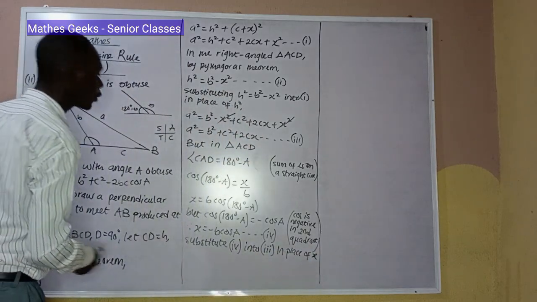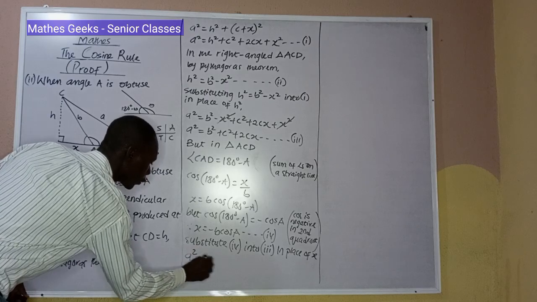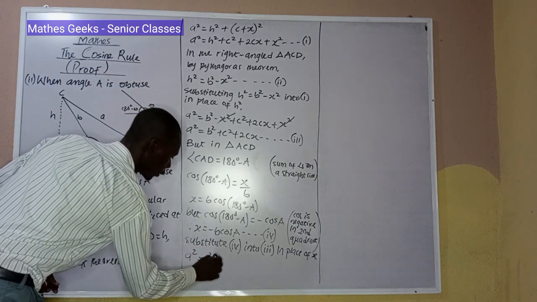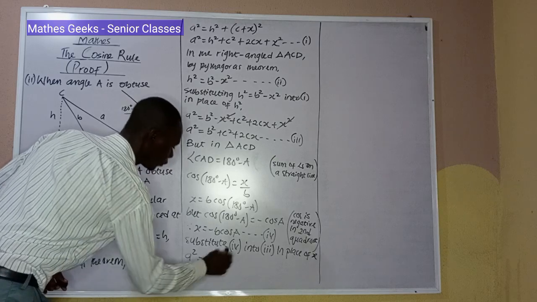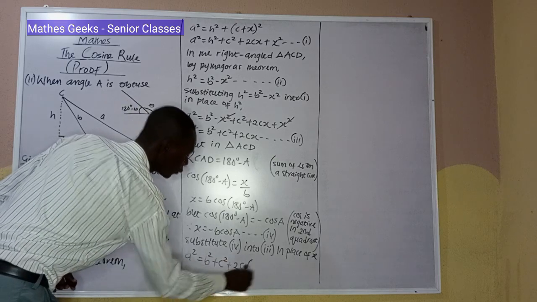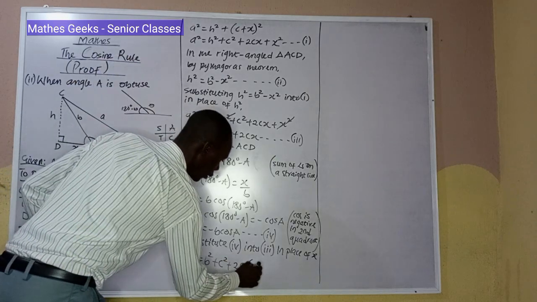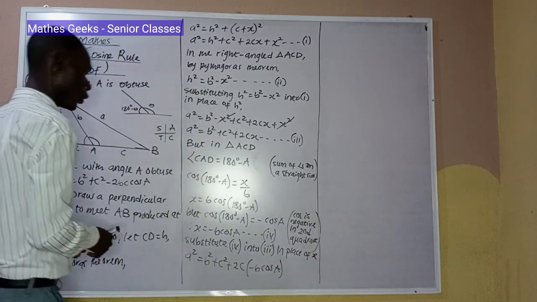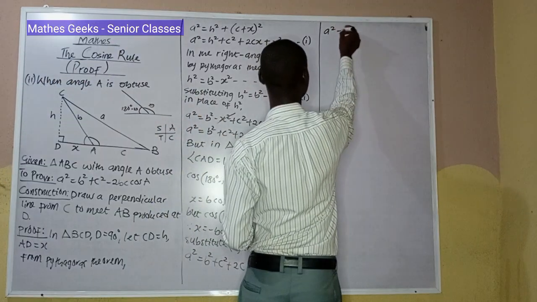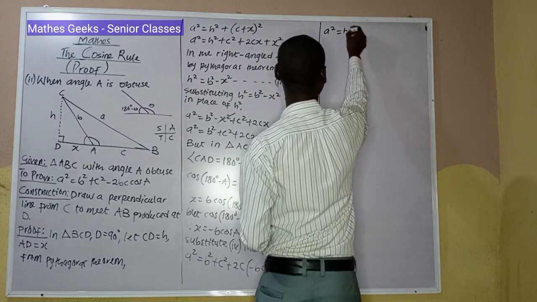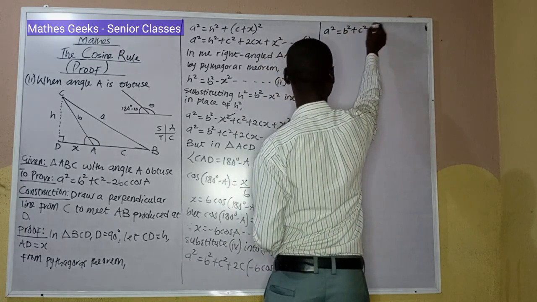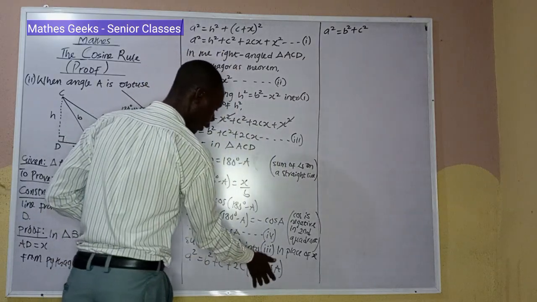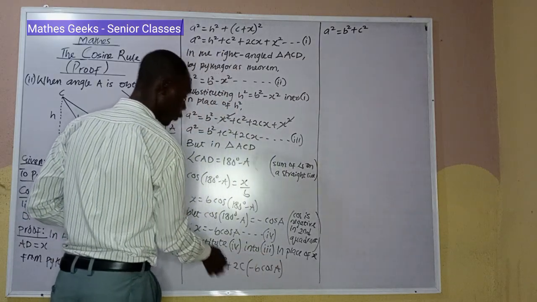So that will give us a squared is equal to b squared plus c squared plus 2c times minus b cos A. Now this part, 2c is multiplying minus b cos A, so minus times plus will give us minus.